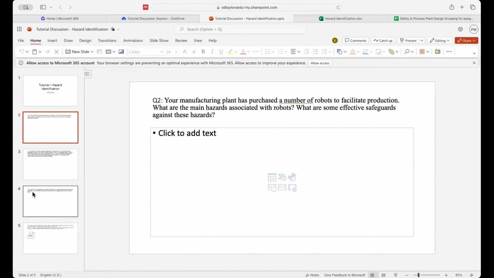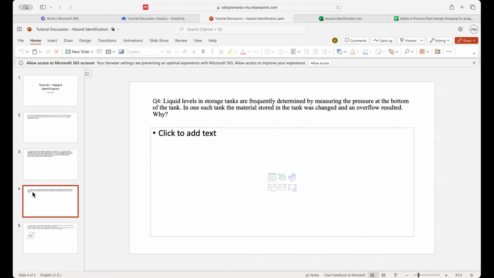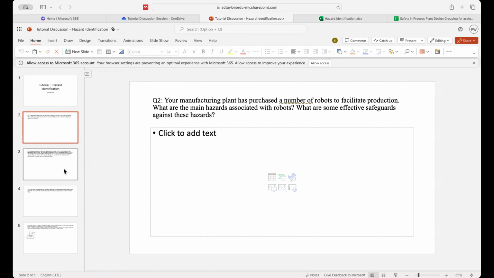The other 2-person groups will have question 2 and question 4 each. If you look into the group later, it will show names, and later I'll also put the names here so that you know which one is done by you. So you all discuss, and we'll come back in 20 minutes' time to look at your answers.